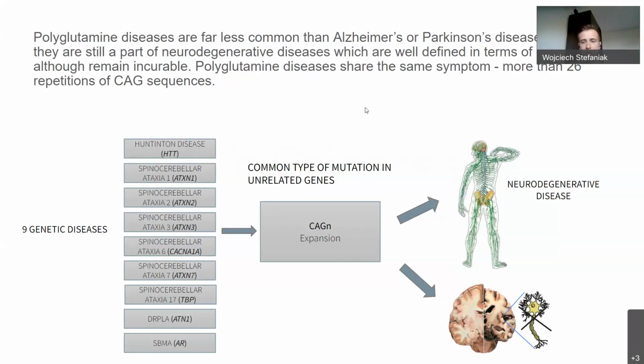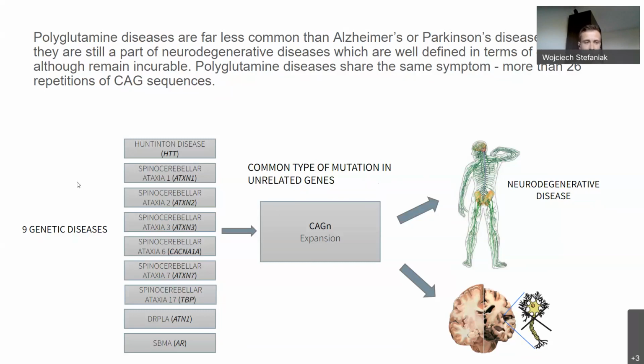We know that those symptoms which are physical, which appear on the outside of the human body, are in the very late stage of the disease, and the changes which are happening in neurons in the human brain are earlier in the development of the disease.